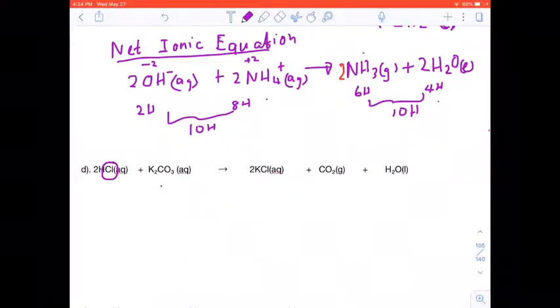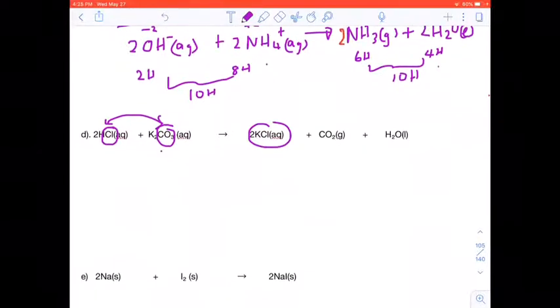And potassium carbonate is that. What happens? It then exchanges its partners there. So here you see it's potassium chloride. So this is an ion, ions are exchanged, right? So that's your molecular formula.